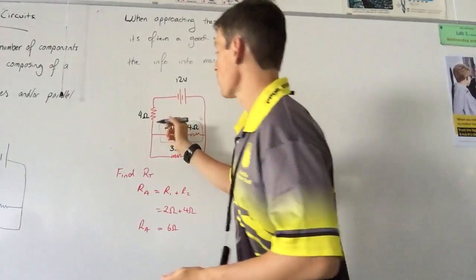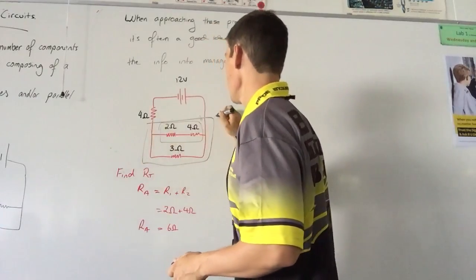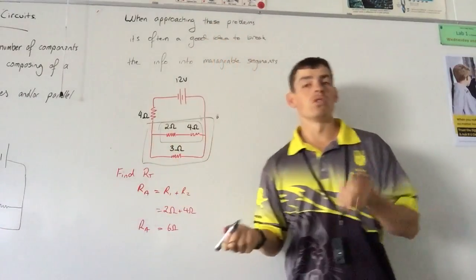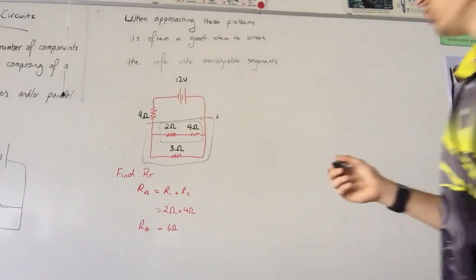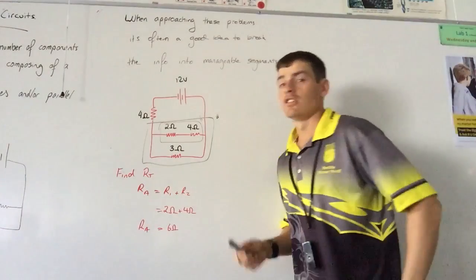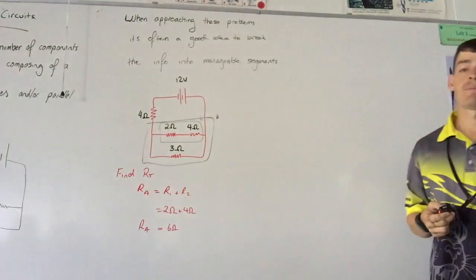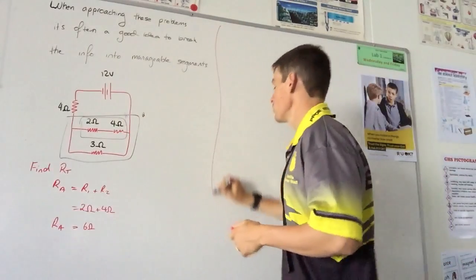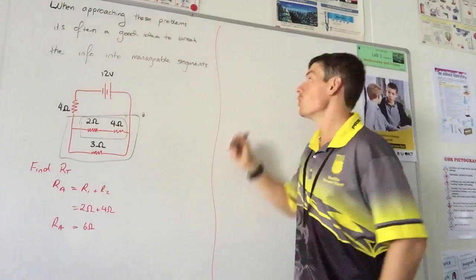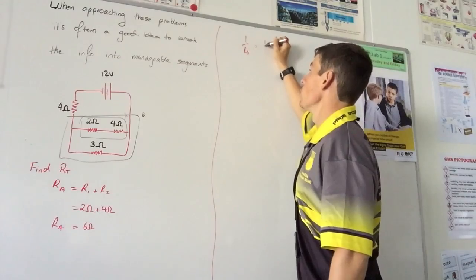Yep, so I'm going to make RB this segment here. Now you may not want to draw all over yours. Why do you think I'm doing that? If I was doing this at home by myself, I wouldn't do this. I'm trying to show you where the different segments are. Now what type of circuit is RB? Parallel. So what's my equation for resistance in parallel? 1 over RB equals 1 over R1.